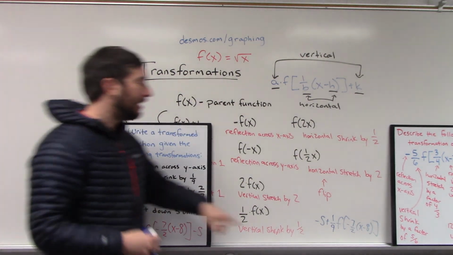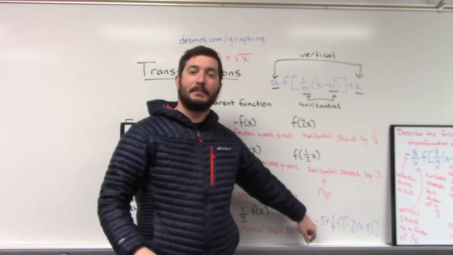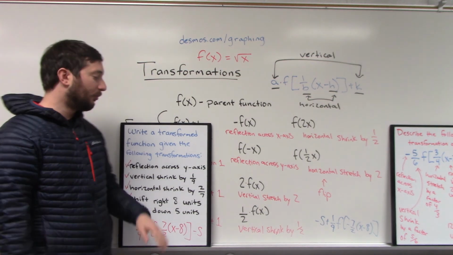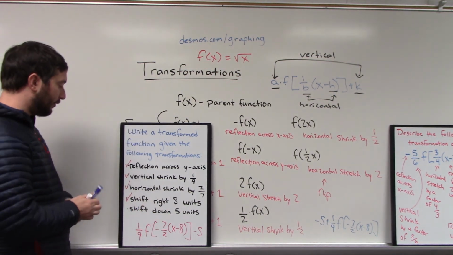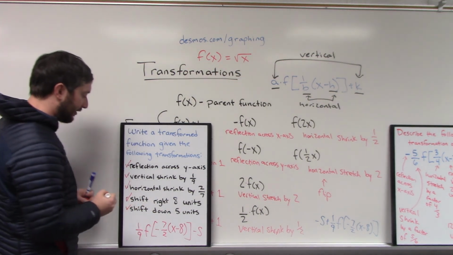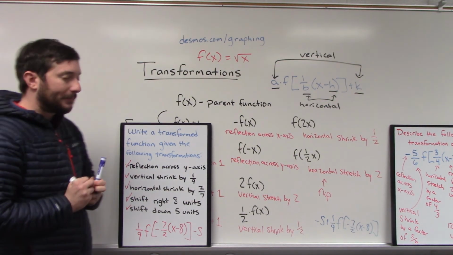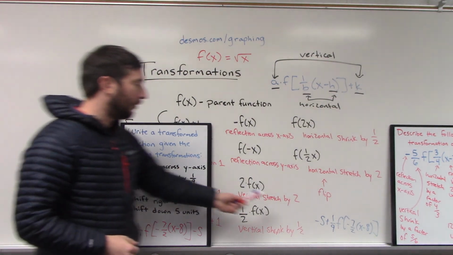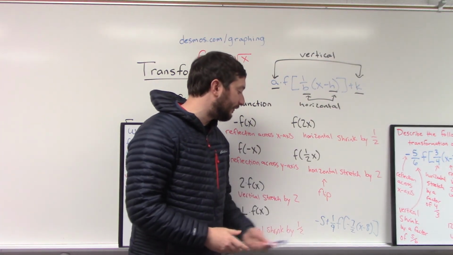As long as you're not multiplying by it, right, you're adding a negative or you're subtracting, those mean the same thing. Either way, your graph will indeed move down by 5. So this is the normal way you would write it. That's the way I'm going to be expecting you to know for a test. So don't worry about this one too much. I just wanted you to be aware of it.